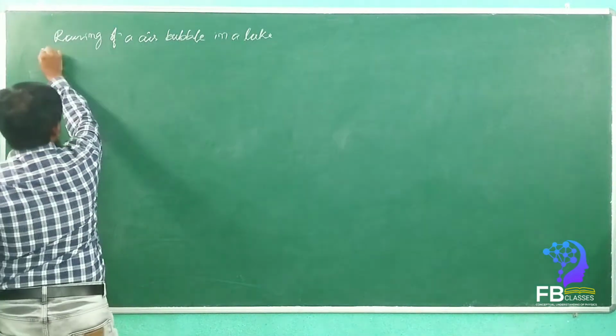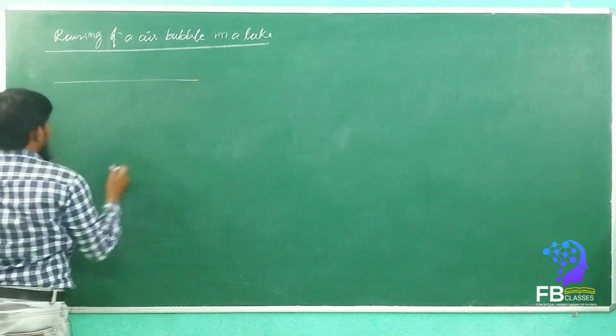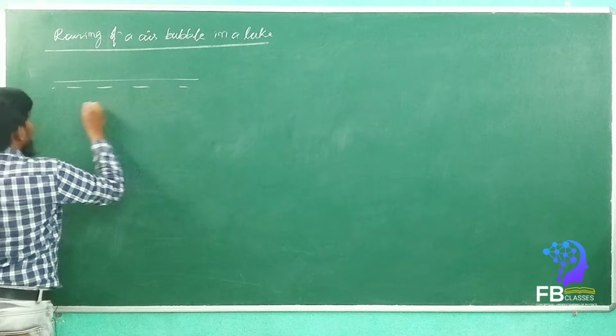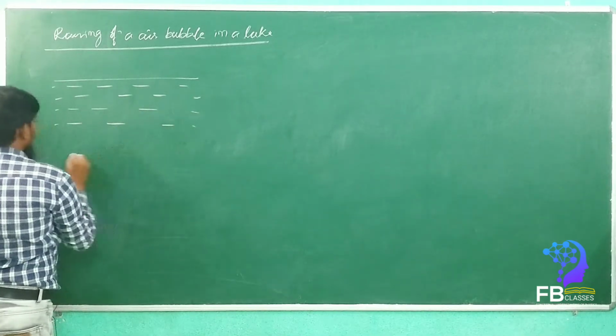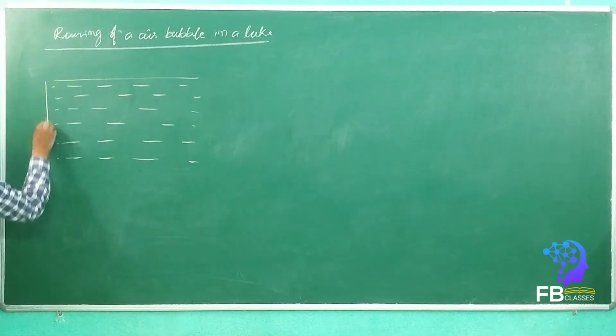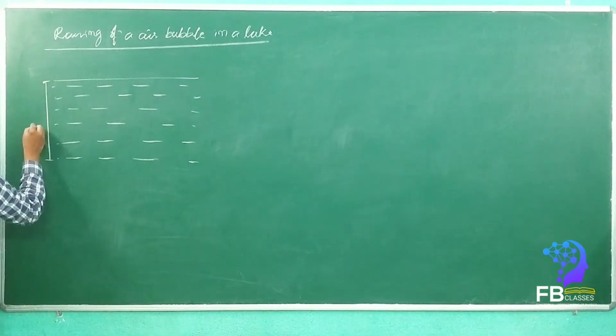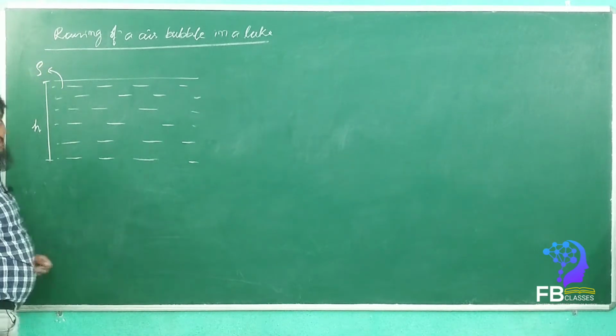See here, now if you consider this, this is an aquarium or lake, whatever it may be, you can imagine. So now the height of this lake is considered as h, and the density of the liquid is considered as rho.